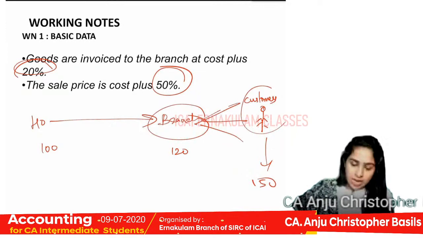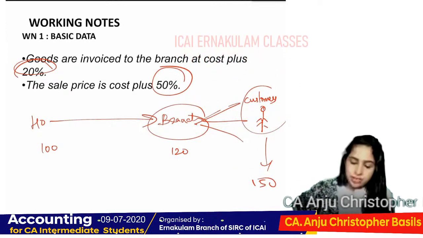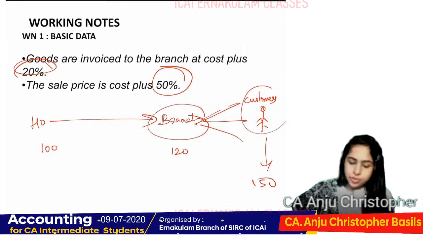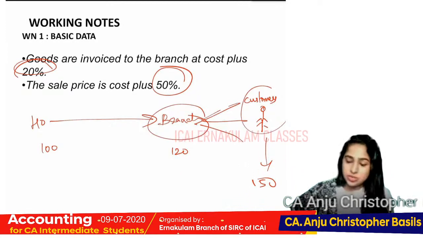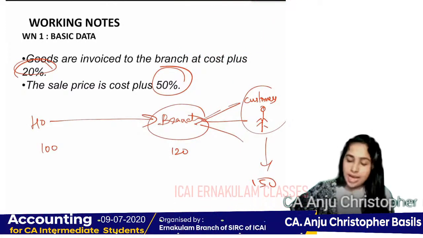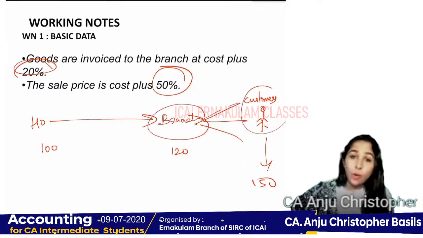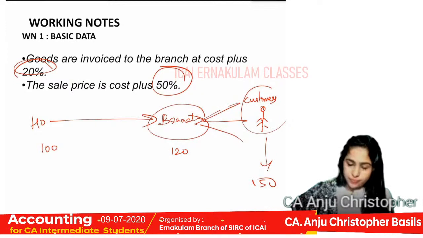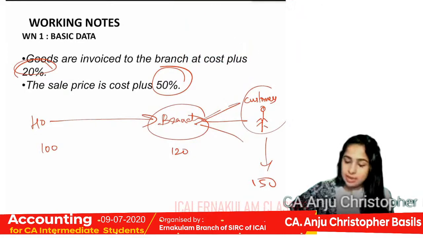So listen, we have the company over here, we have the wholesale shops, and then the final outlets. What happens is the company sends goods to the outlets at wholesale price, and the outlets sell to the customer at the final selling price.